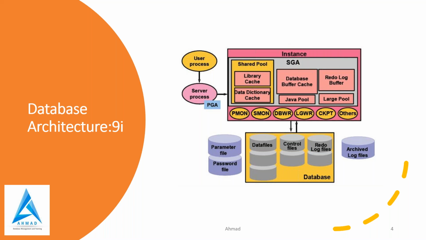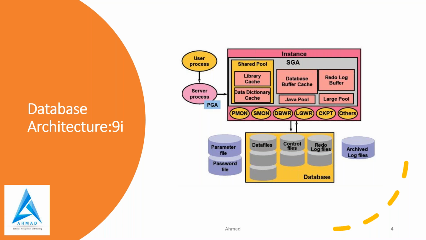Instance is a memory, and when you start your database, this instance will start first, and then your database will mount and connect with this instance, and then it will open.